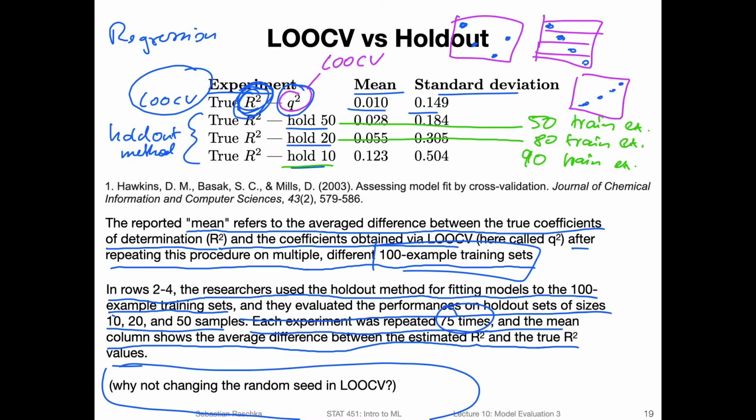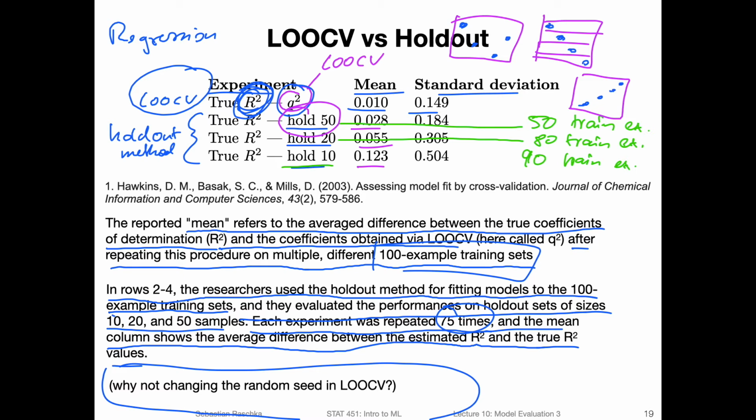What they then found is that for that case, the mean is 0.028. So holding out more data for testing still gives us a reliable estimate, but the smaller the holdout data set is, the larger the difference becomes. You can think of it as the model may become better if we have larger training sets.